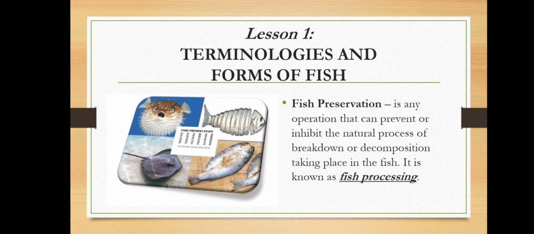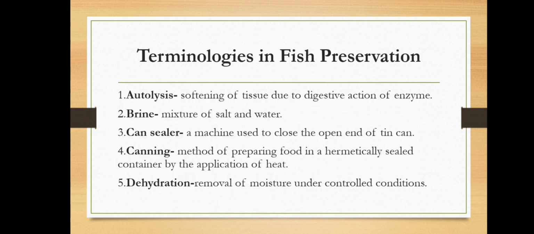These methods, including refrigeration, freezing, drying, smoking, canning, salting, and pickling, aim to extend the shelf life of fish by controlling bacterial growth, enzymatic reaction, and moisture content.